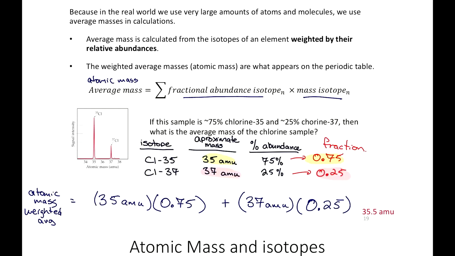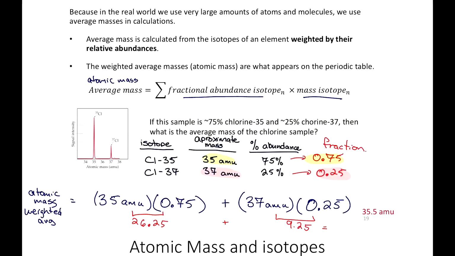Notice that this is not an exactly 50-50 average. We're taking the weighted average based upon the abundances that are there. So when you calculate this, it's multiplication. This first term is 26.25, and I'm going to add it to 37 times 0.25, which is 9.25.